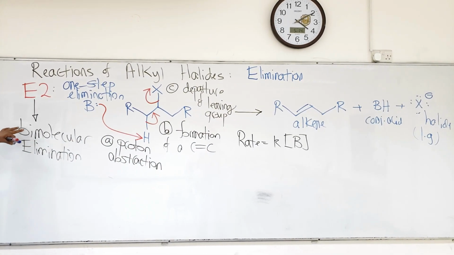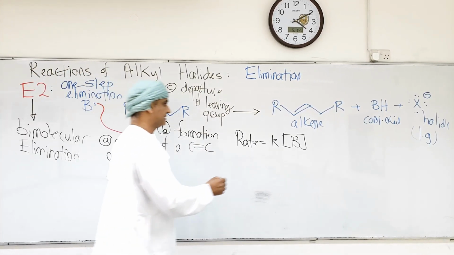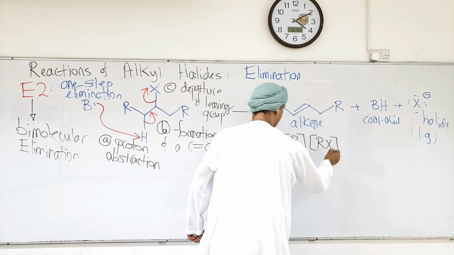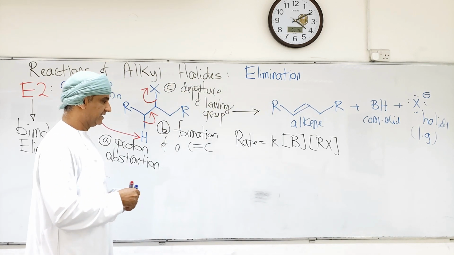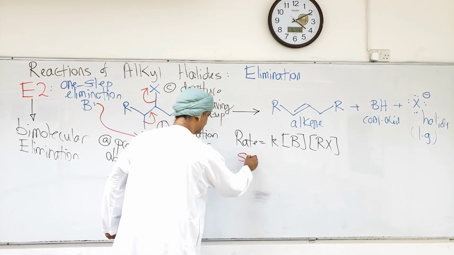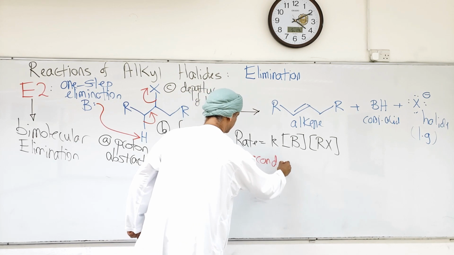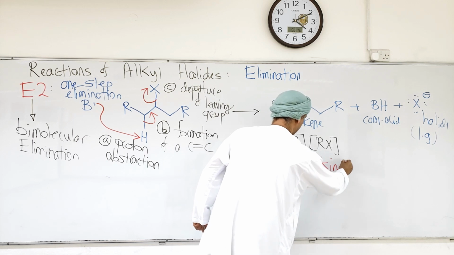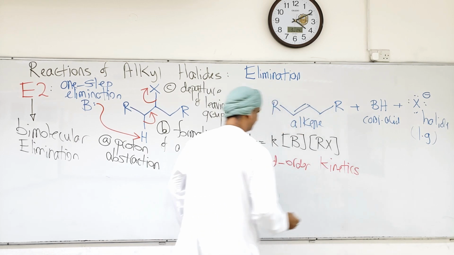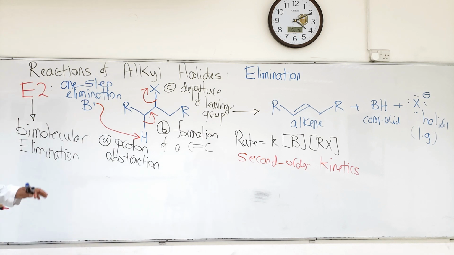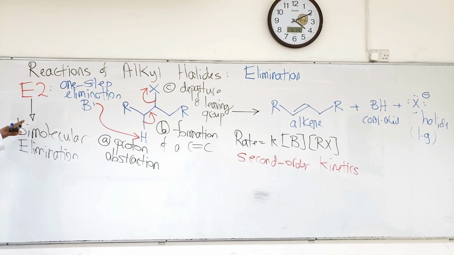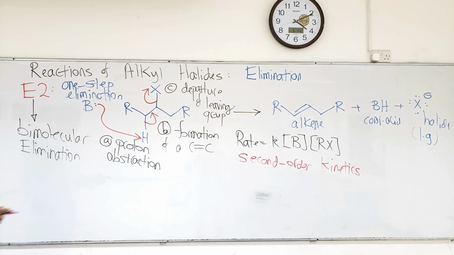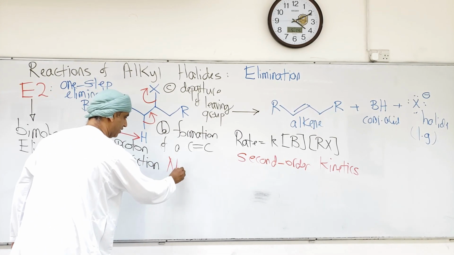It's bimolecular, remember, both molecules, which means the base and RX, or the substrate in general. Therefore, it is second-order kinetics elimination. It's bimolecular elimination. It is E2, and of course, if it's a one-step elimination, there are no intermediates here.